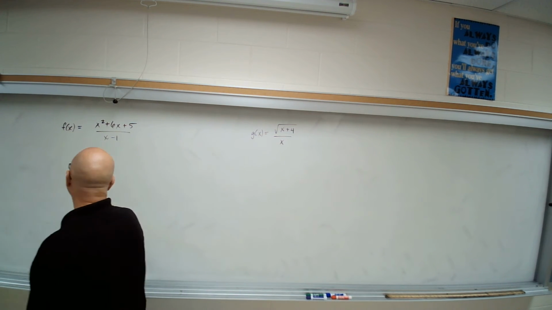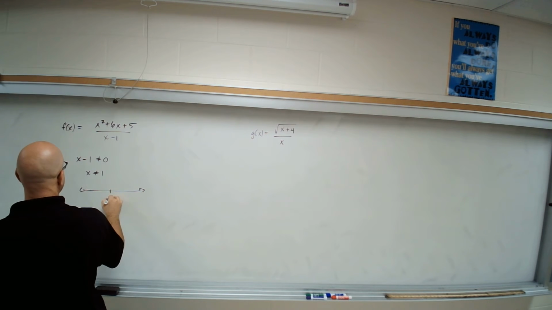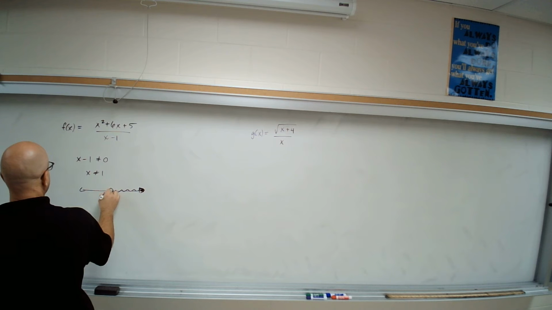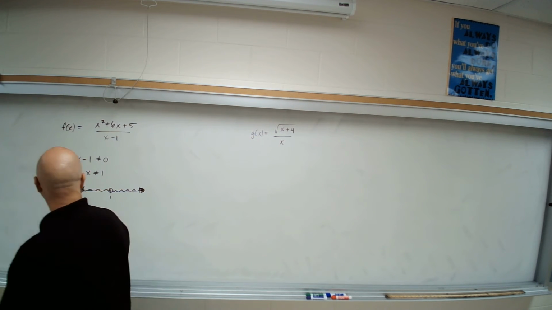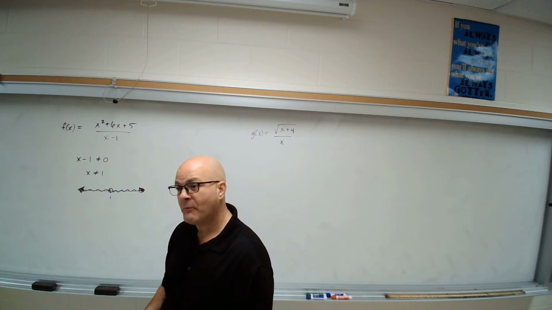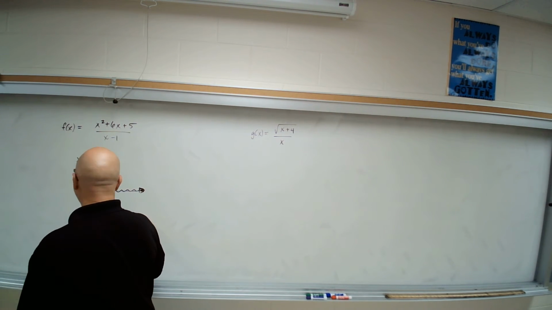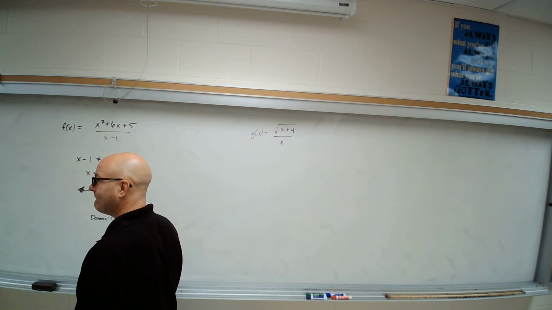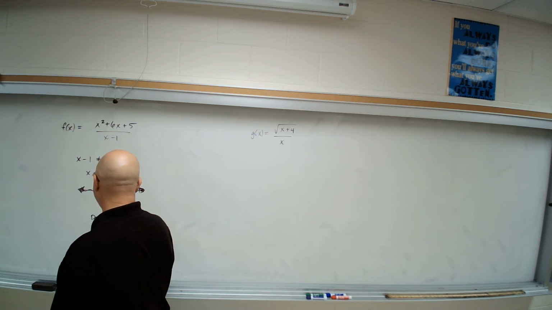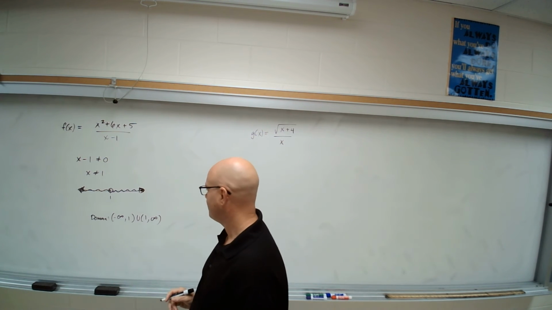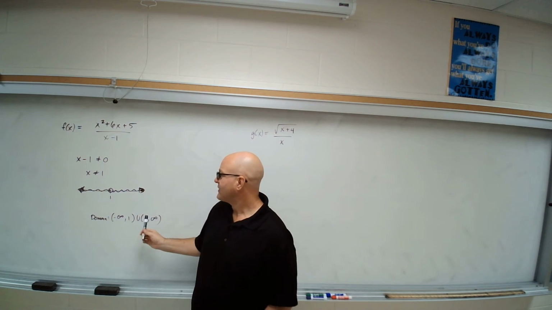So our number line is completely filled in with the exception of 1. So our domain in interval notation: what goes next to the 1? A parenthesis. Negative infinity to 1, parenthesis, union, 1 to infinity.